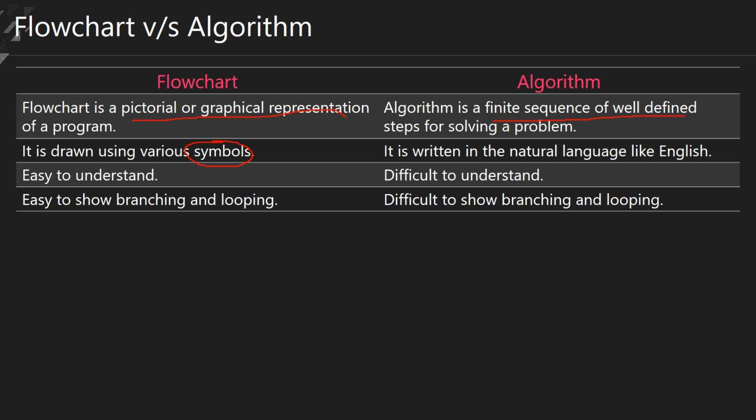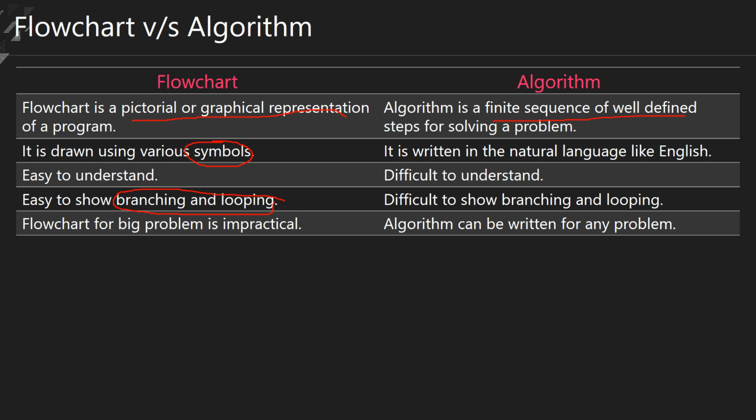Another difference is that it is easy to show branching and looping in a flowchart, but in an algorithm it is very difficult to show branching and looping, and it is very tough to understand branching or looping conditions.